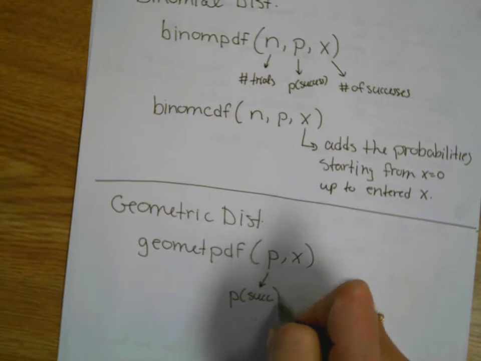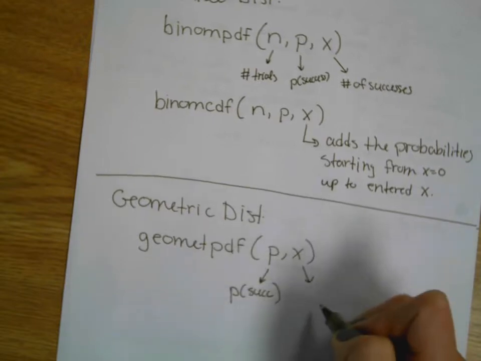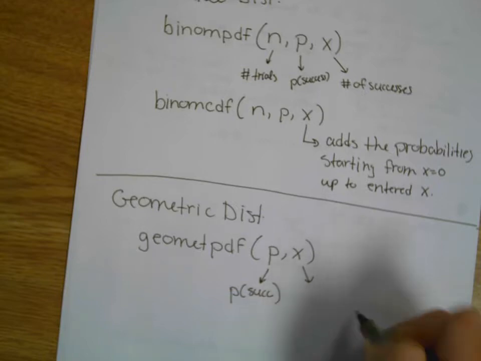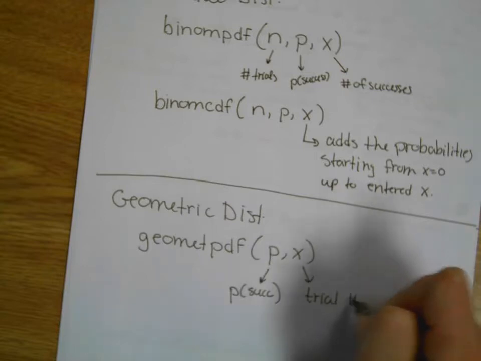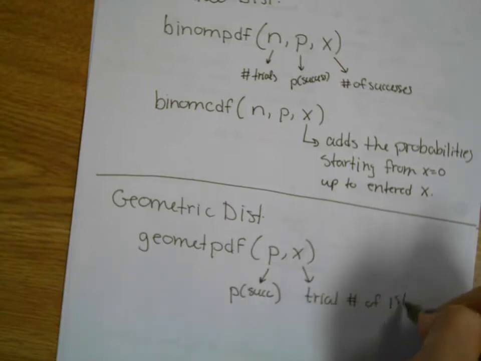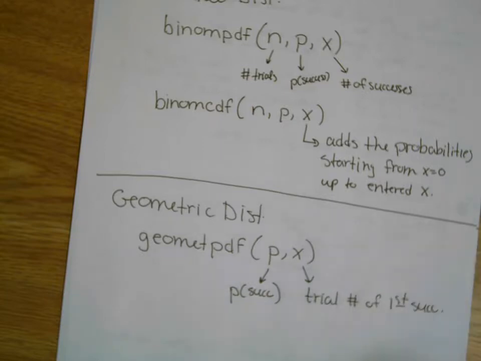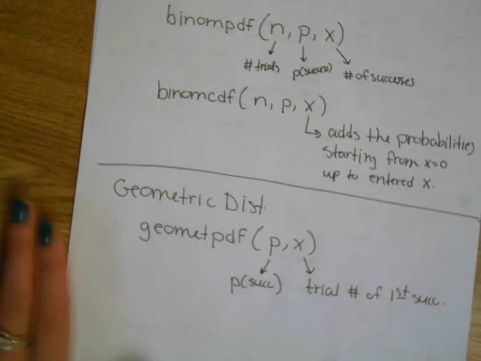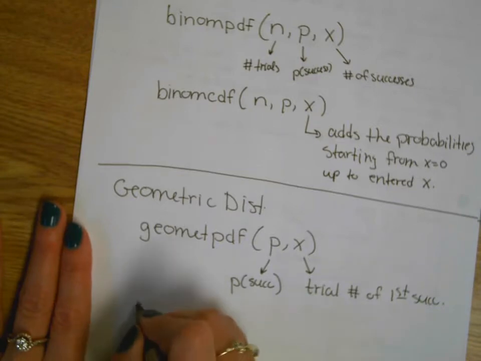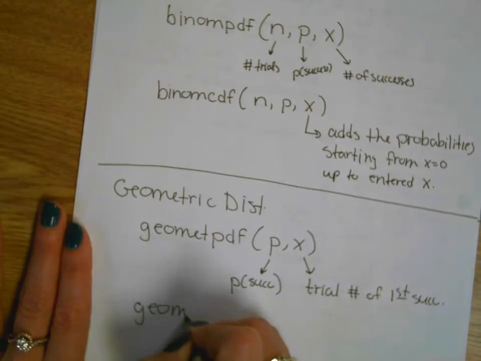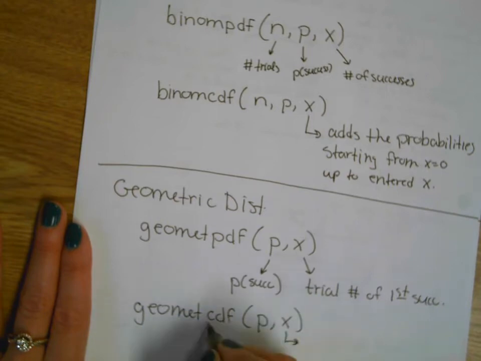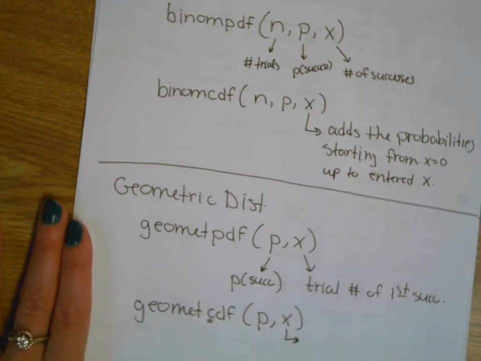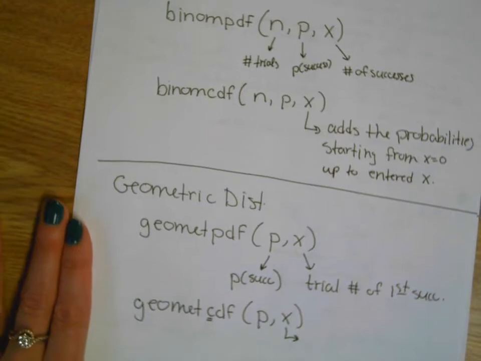Probability of success, and then X, remember, on the geometric is the trial number of the first success. And again, it has the corresponding GeoMet CDF. Again, P and X. The CDF will add the probability starting from 1 through whatever X number you enter.